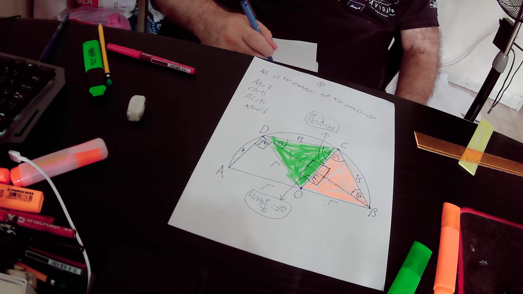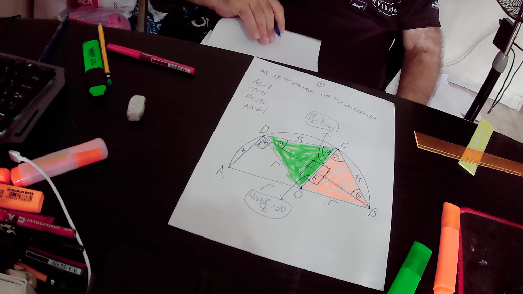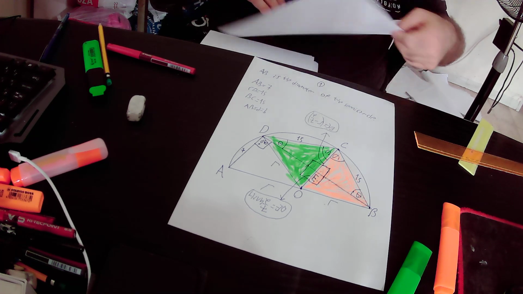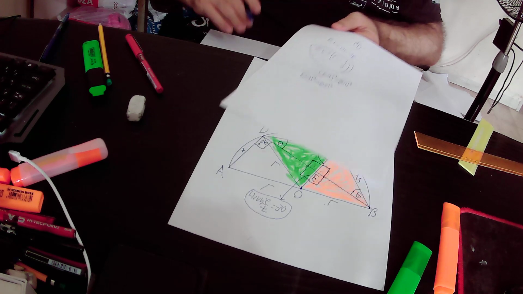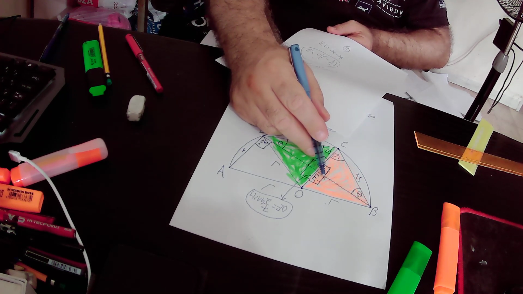The first EB square relates to triangle OEB.